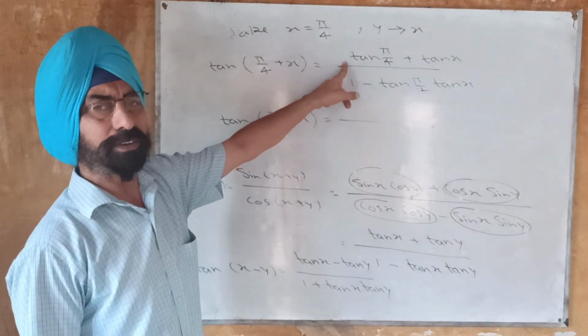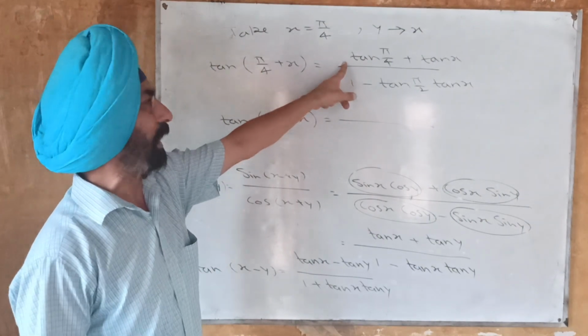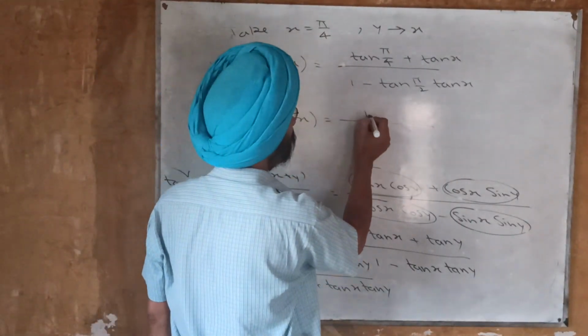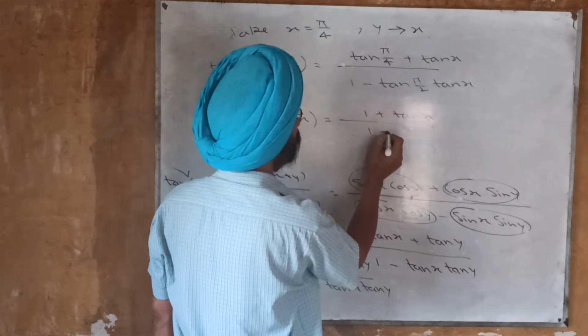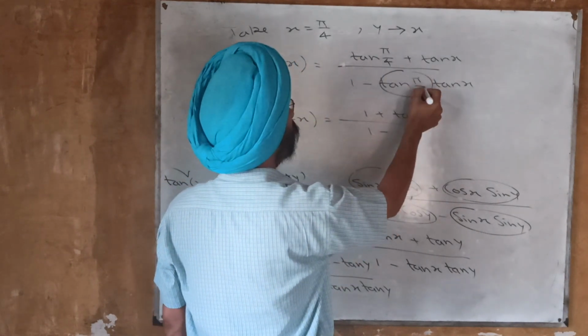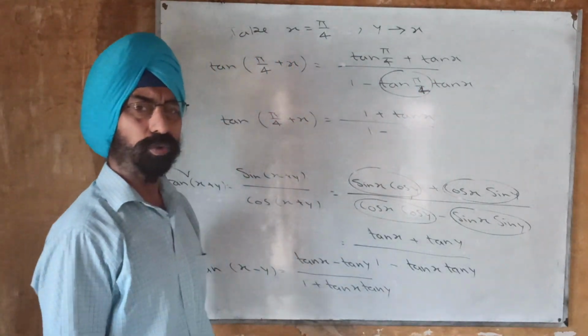The value of tan pi by 4, that means tan 45 degrees, is 1. So it is (1 + tan x) divided by (1 − tan x), and tan pi by 4 is again 1.